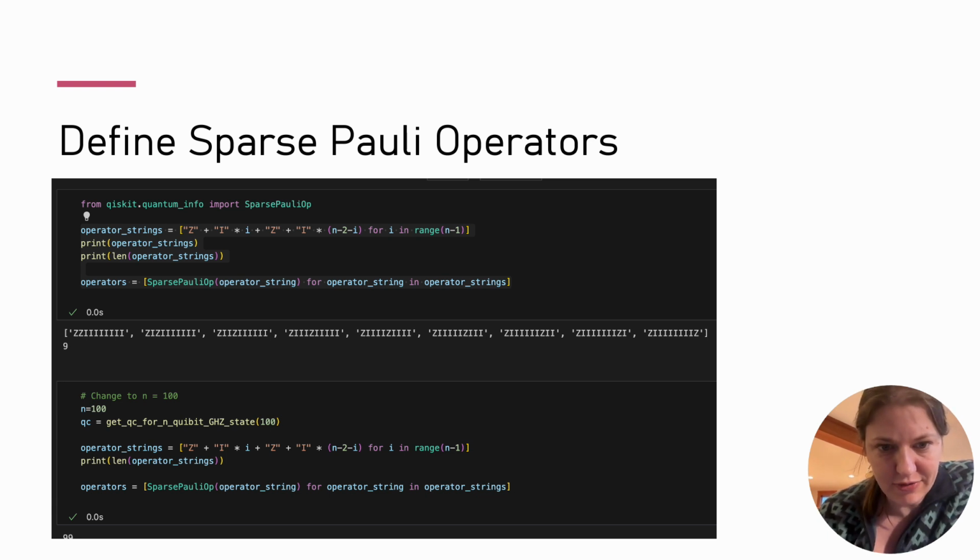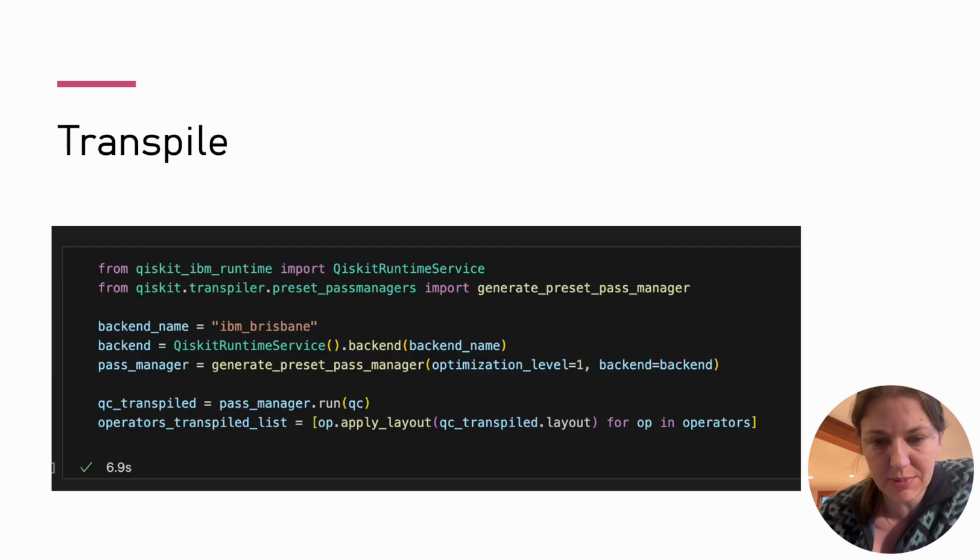And you can see from the results that we have all of our combinations of operators, so we're happy with that. And then we'll change n to 100 and then run the code again. This time though, we're not going to print the output because it would be massive.